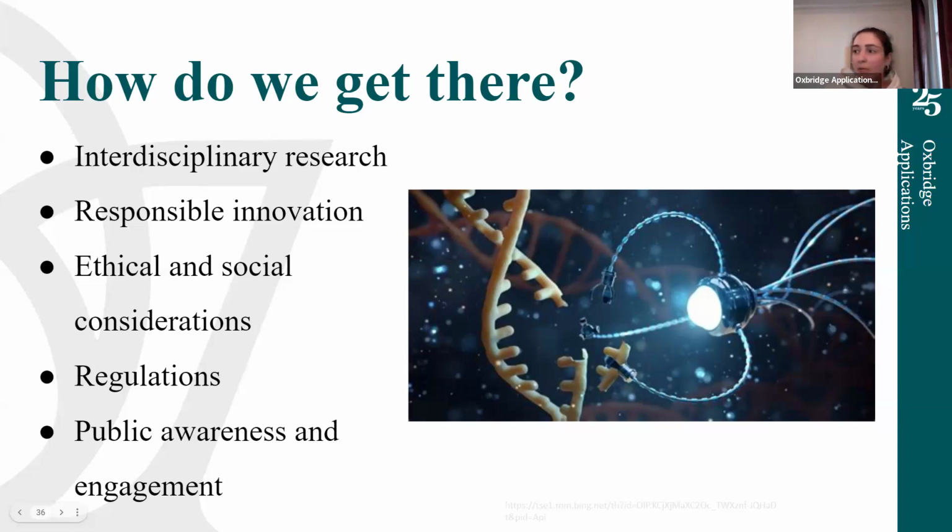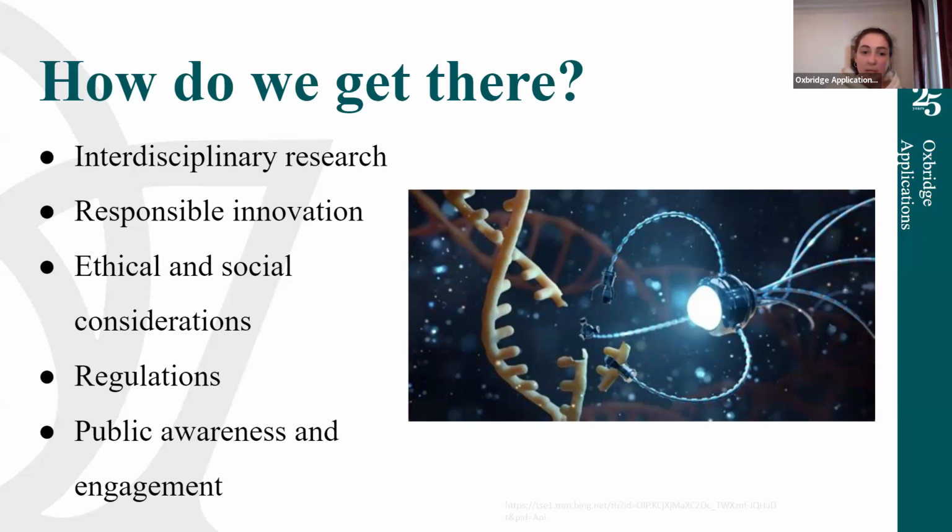Nanotechnology requires a huge amount of interdisciplinary research. Many different scientists, engineers, and biologists will all need to work together to tackle complex problems and challenges and develop holistic solutions that can address multiple societal problems at once.